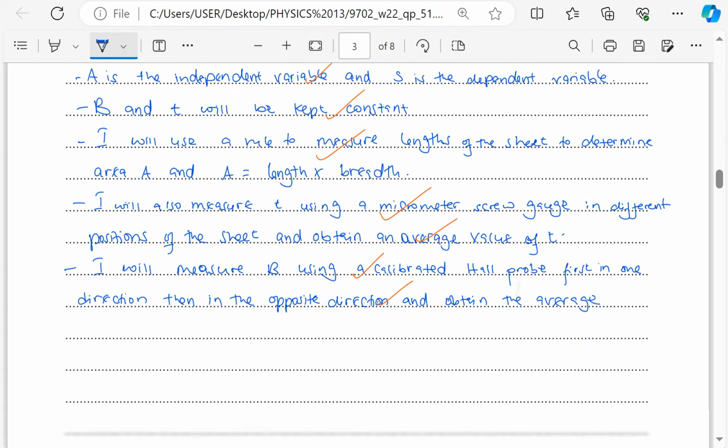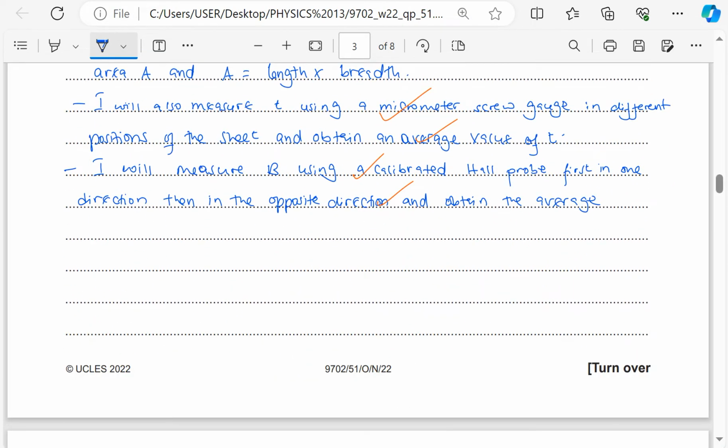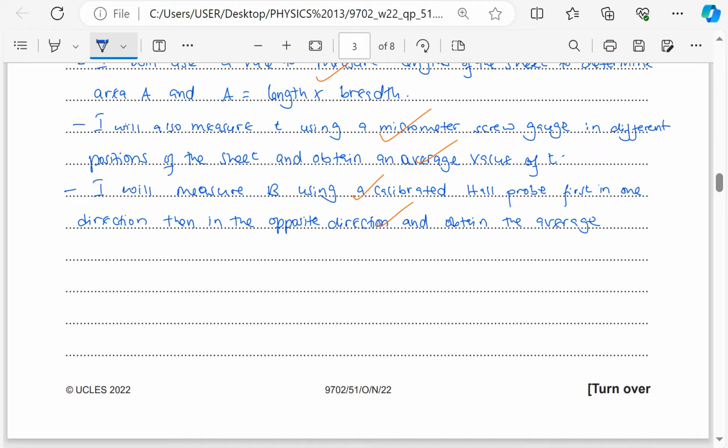Okay. So I will now draw the diagram. So to obtain, to collect, and analyze data, I will set up the experiment.